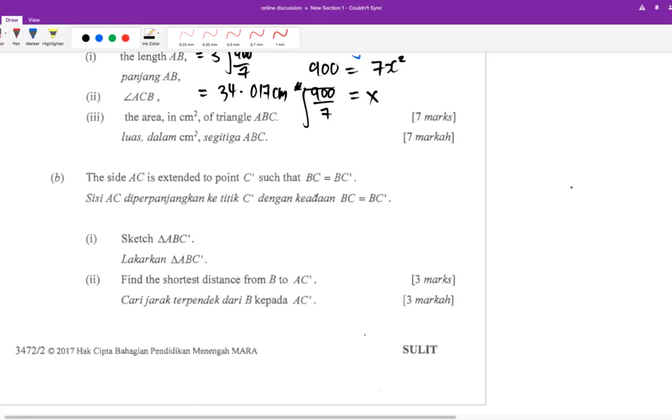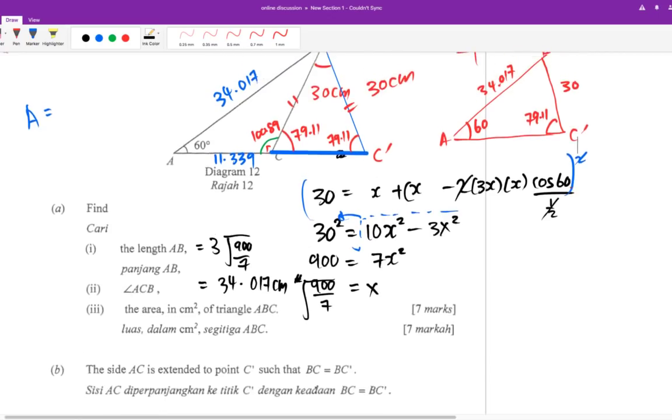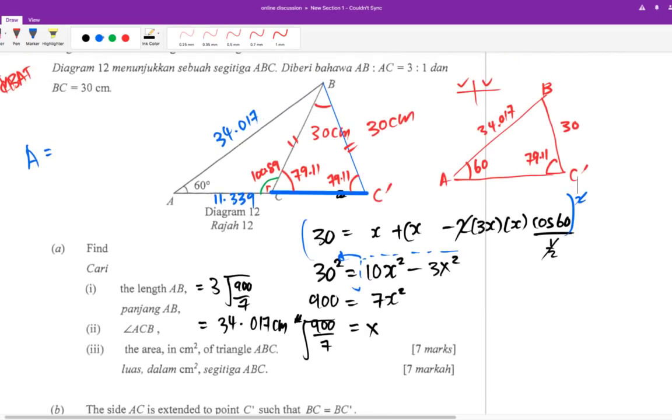Then the next thing asks you to find the shortest distance from B to AC. The shortest distance always needs to be 90 degrees to the AC. So you should be able to see you have a right-angle triangle over here. I will draw out this right-angle triangle just in case you didn't see it. I have this angle here as 79.11, and I have 30.